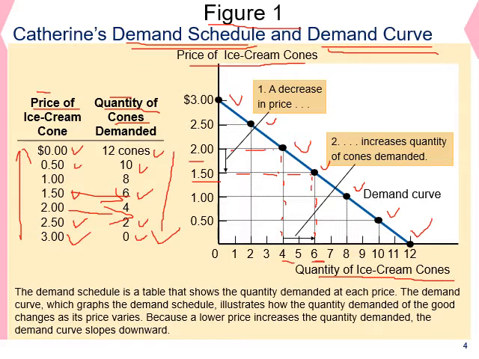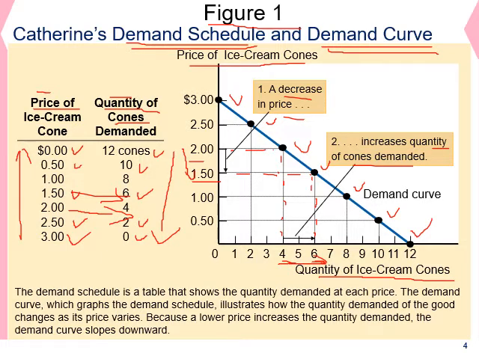So we can see that when there is a decrease in the price from $2 to $1.50, there is an increase in the quantity demanded from 4 to 6.